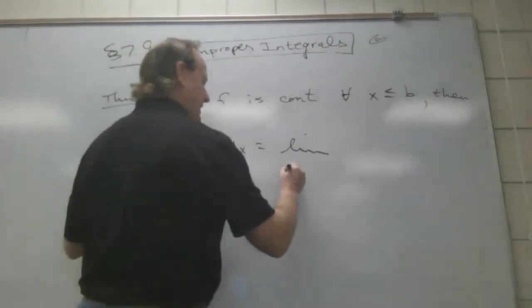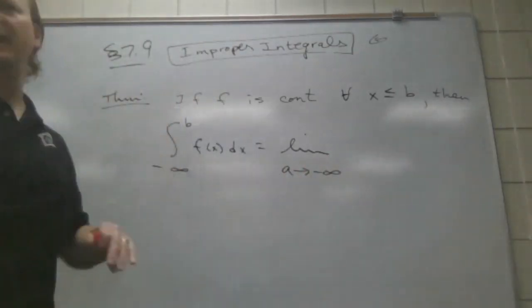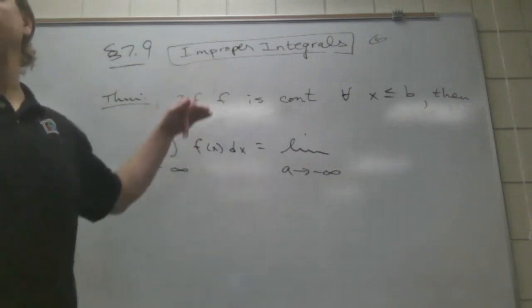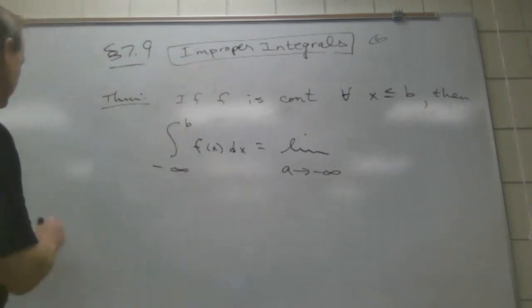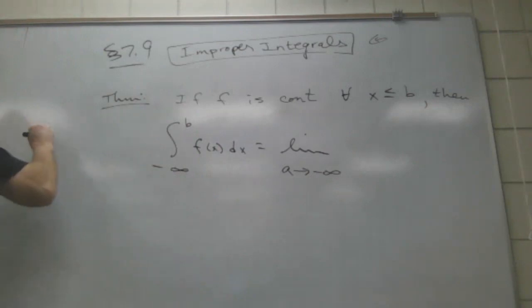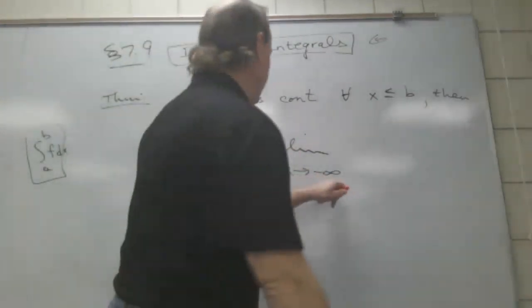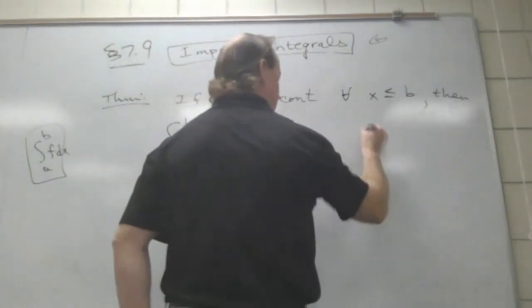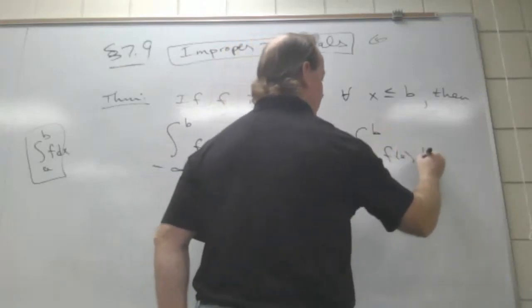A. So we're going to take the limit as a goes to negative infinity, because normally we go definite integral from a to b. So if you're replacing the top side, have it be a b. If you're replacing the bottom side, have it be an a, because that's what we had before, the definite integral from a to b of f with respect to x, right? So we're going to take the limit as a goes to negative infinity of the definite integral from a to b of f of x with respect to x.